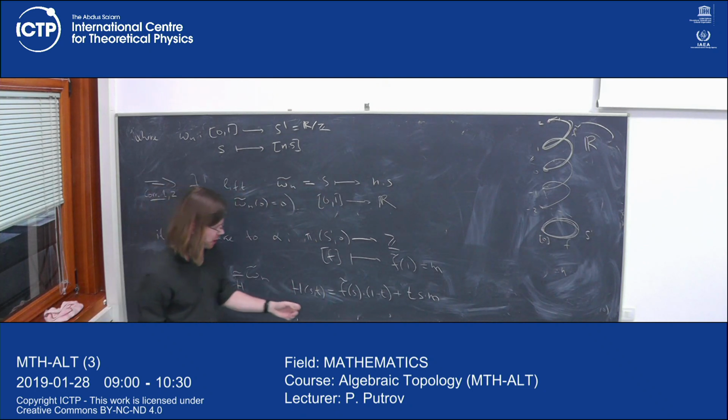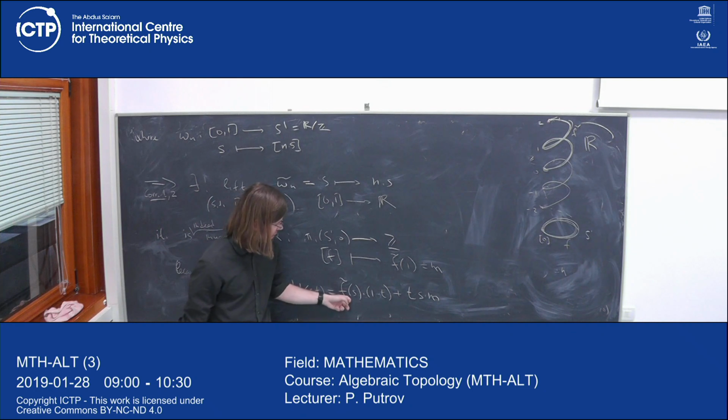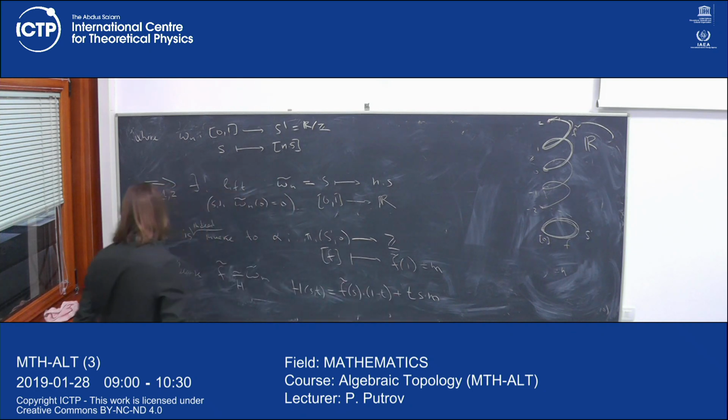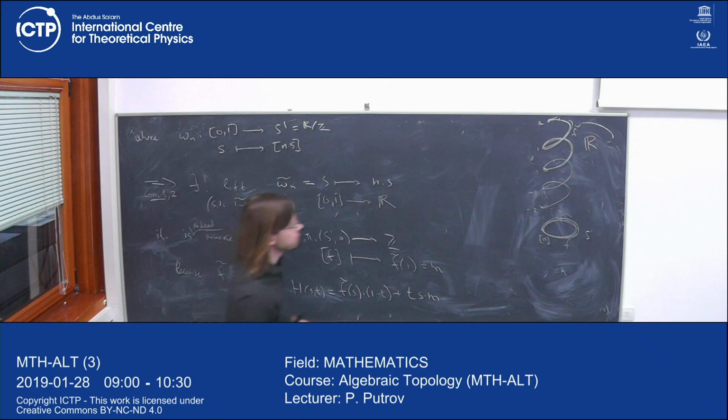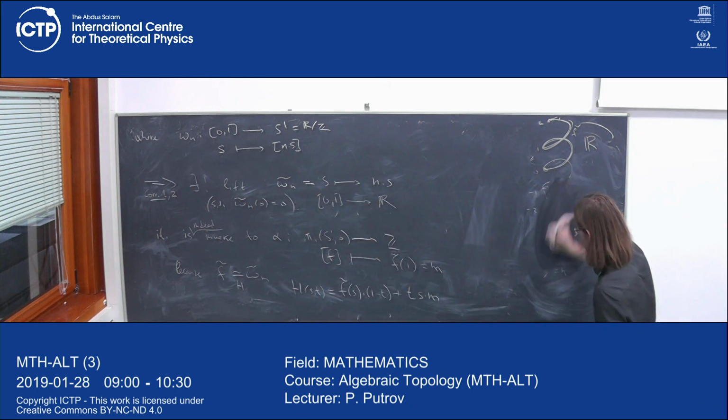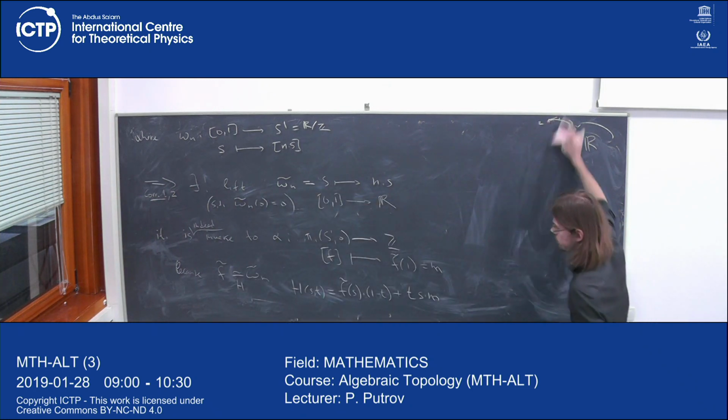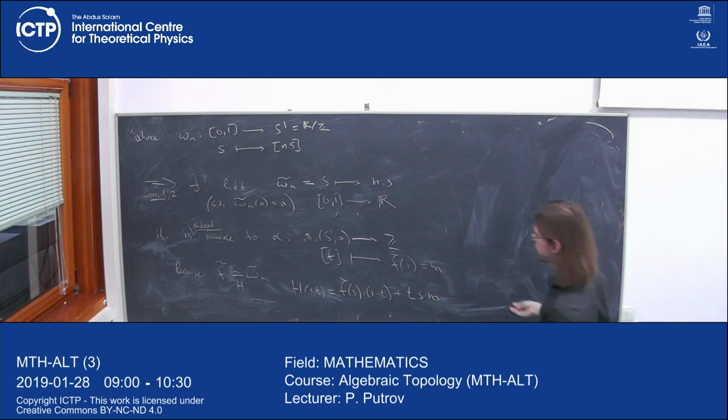And it's continuous, and it's interpolating between f tilde of s and s. So from this it follows that indeed the composition of alpha is identity, and the other is identity.